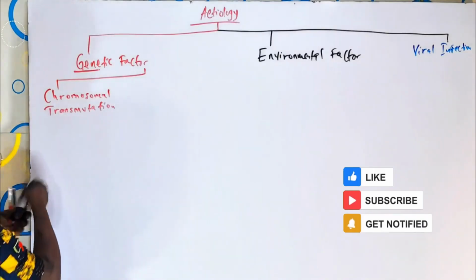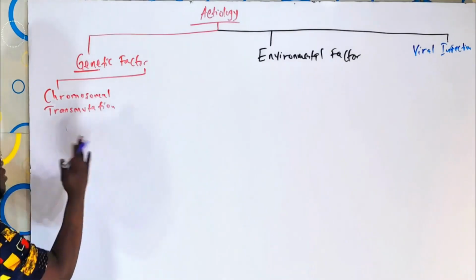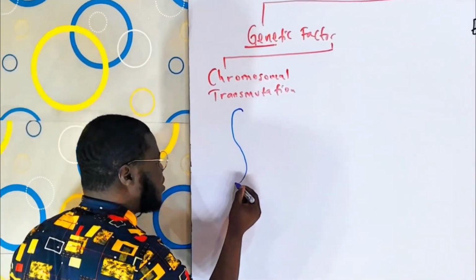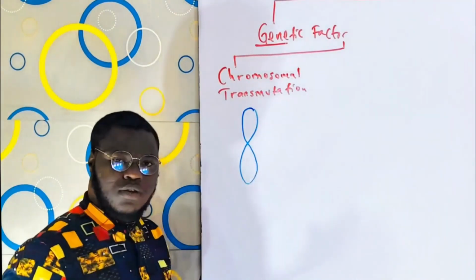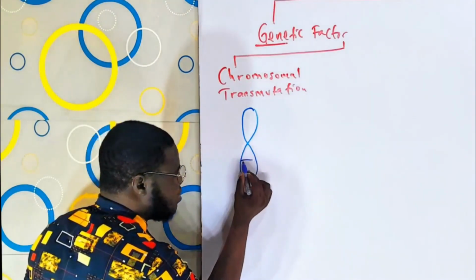Let's assume we have a chromosome right here, just an illustrative diagram. That is a chromosome. Inside the chromosome, we have certain things called genes.